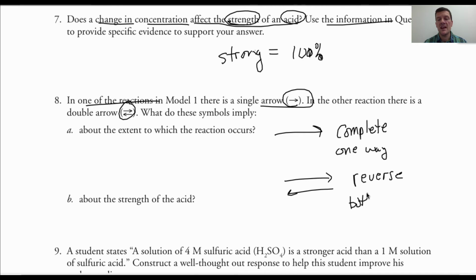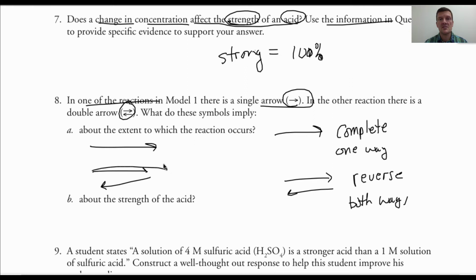So you can have the reactants turning into products and the products turning back into reactants. Well, what does that tell you? Basically, if you have a single arrow, you have a complete ionization. It's telling you the extent of the reaction, that all of the reactants are turning into products. The reversible one says only partial reaction occurred.